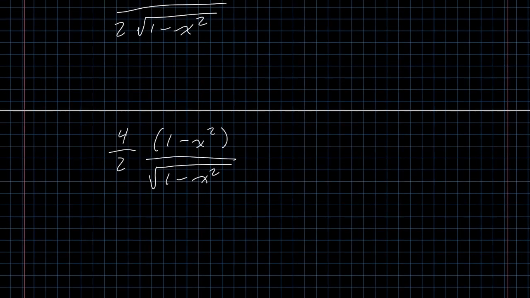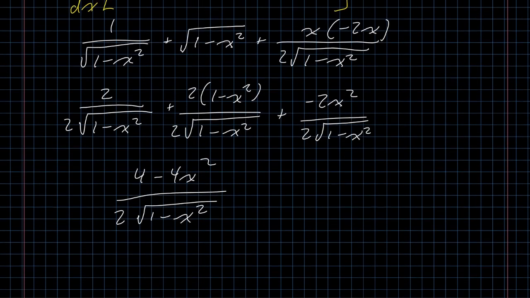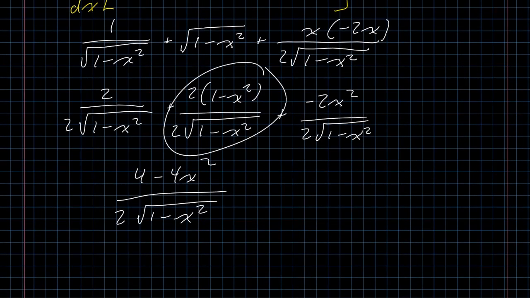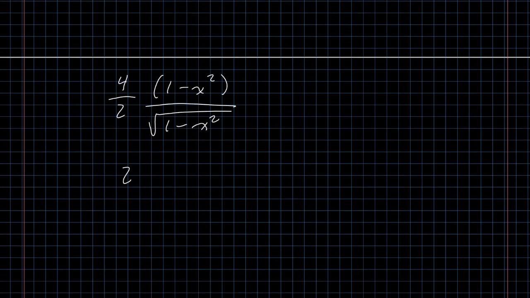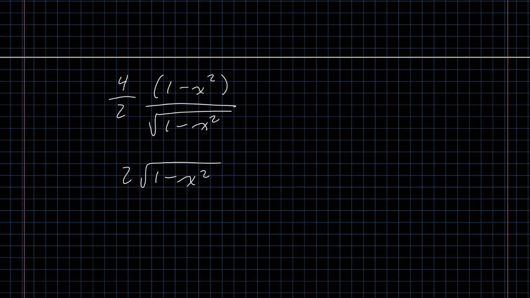Four over 2 is, of course, 2. And then 1 minus x squared over the square root of 1 minus x squared. We just did the opposite of that up here in finding the common denominator in the first place. That is, in fact, the square root of 1 minus x squared.